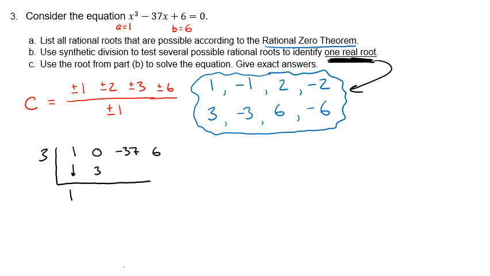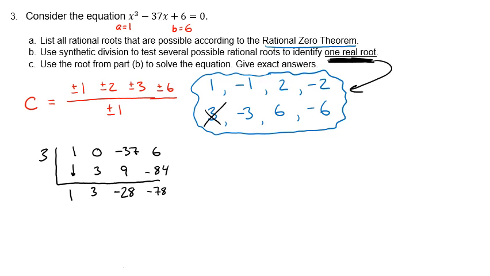3 times 1 is 3, add down, we get 3. 3 times 3 is 9, add down, we get -28. 3 times -28 is -84, and 6 and -84 does not give us 0. All right, so 3 does not work.